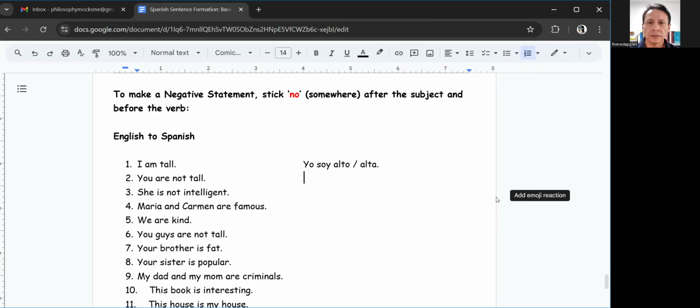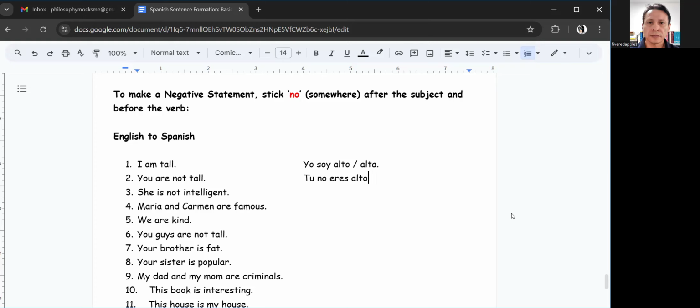Okay. You are not tall. So now here we go. How would I make you are not tall? Just think of you are tall and then stick the word no before the verb. So you are not tall. Tú. I need the Spanish keyboard for that. Tú. I could just copy and paste, I guess, but this is just as fun. Tú no eres alto.